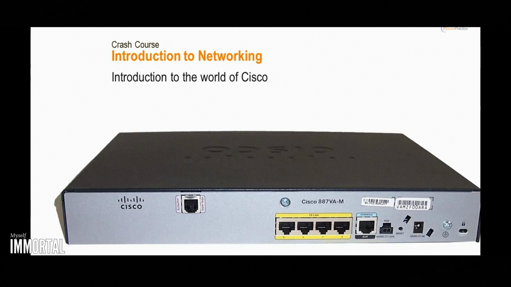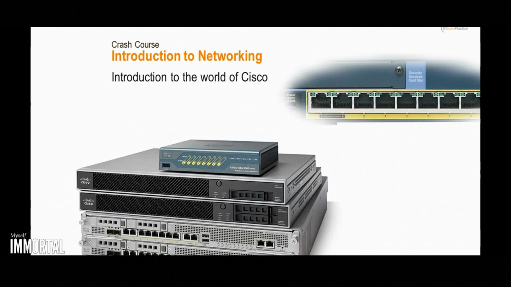Here we go, a very, very popular Cisco router, 887VA. Now I showed you an ASA firewall, ASA 5505, that's the box over here. It's cute, isn't it? At the back, again, it is a small office, home office device. That's why there is a switch.